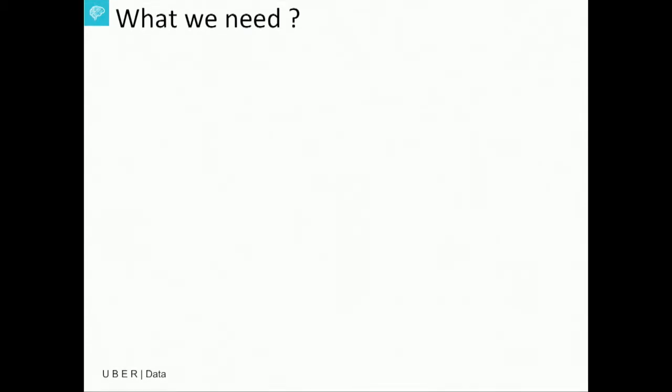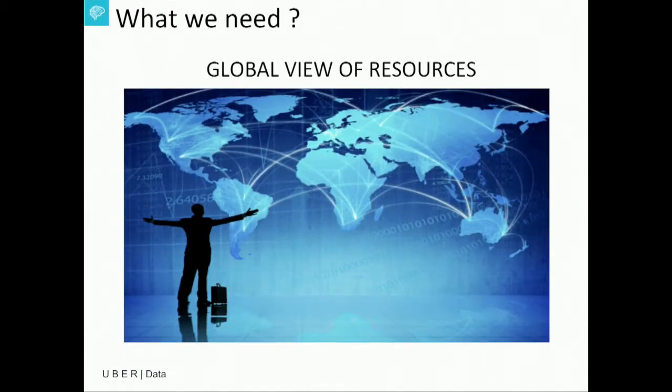So what we need is all the machines together, and we need to have a global view of all the resources we have. Then some entity will say, okay, this is the whole pool of resources I can use, and take decisions based on what you need.